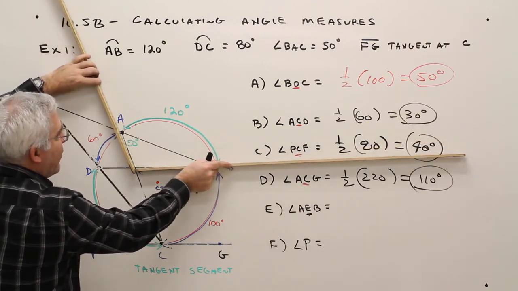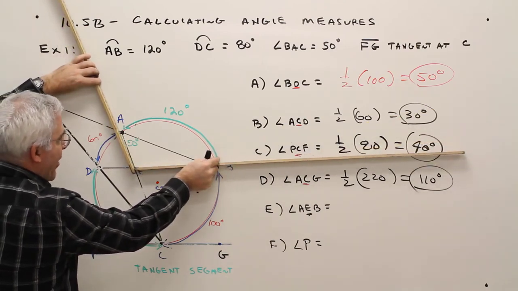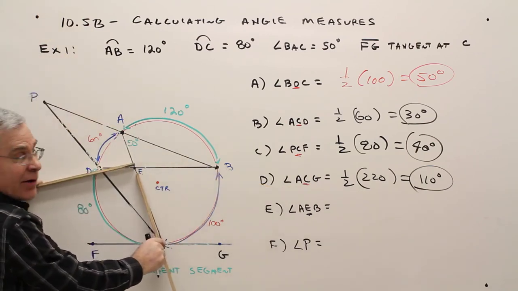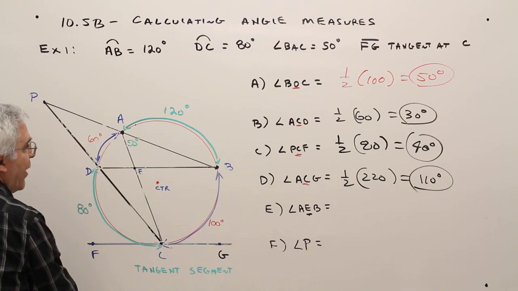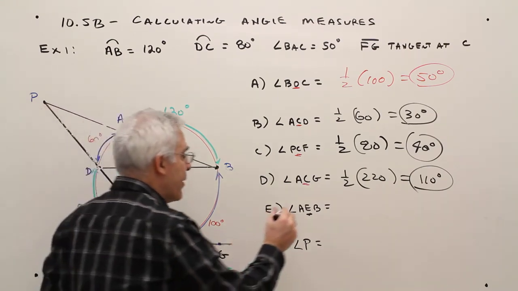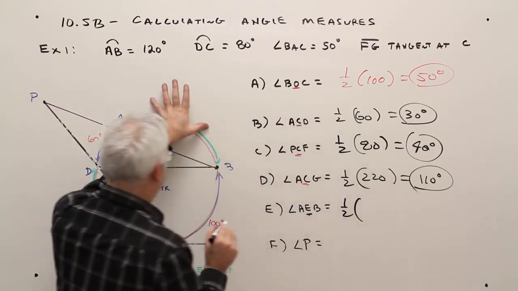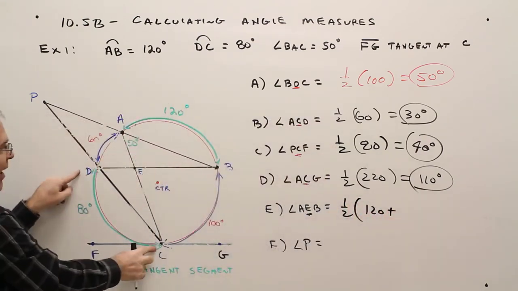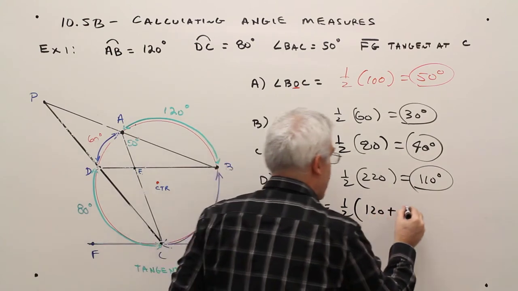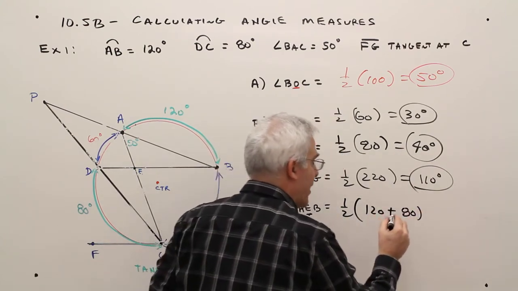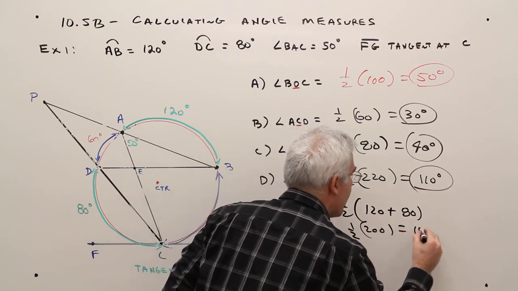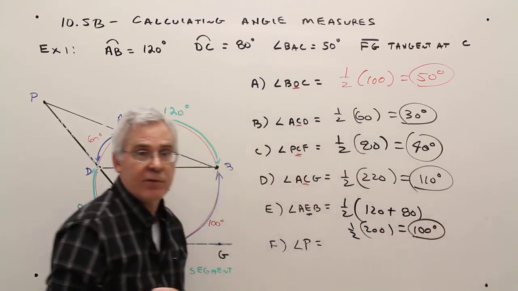I've got this intercepted arc of 120 here, and then I want to go to the flip side, and that intercepted arc is 80. So it's half the sum. 1/2 of that 120 plus the flip side, 80. So that's going to be 1/2 of 200, so that'll be 100 degrees.